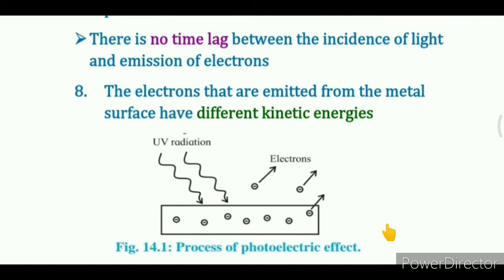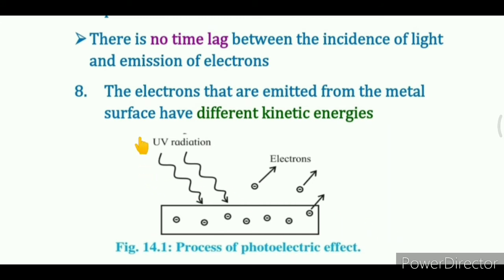As all the electrons in a solid do not possess the same energy, the electrons may be ejected from varying depths inside the metal surface also. Electrons suffer many collisions before they come out of the metal surface, and hence there will be a loss of their energy.